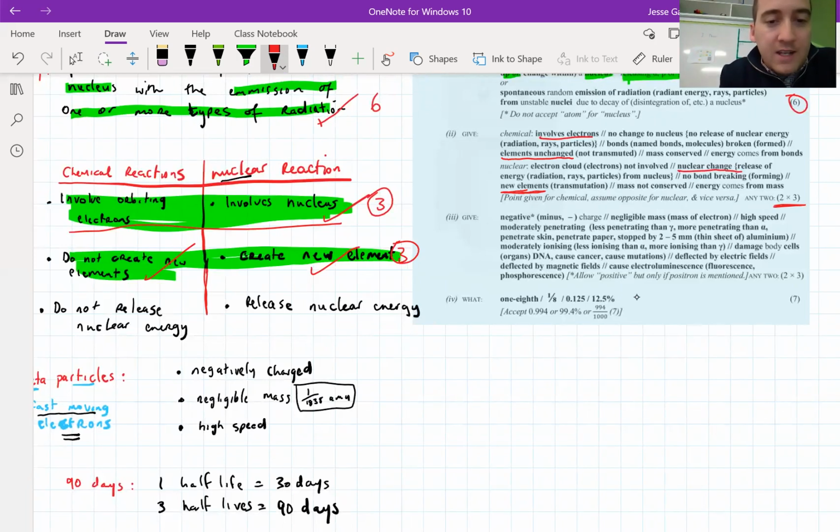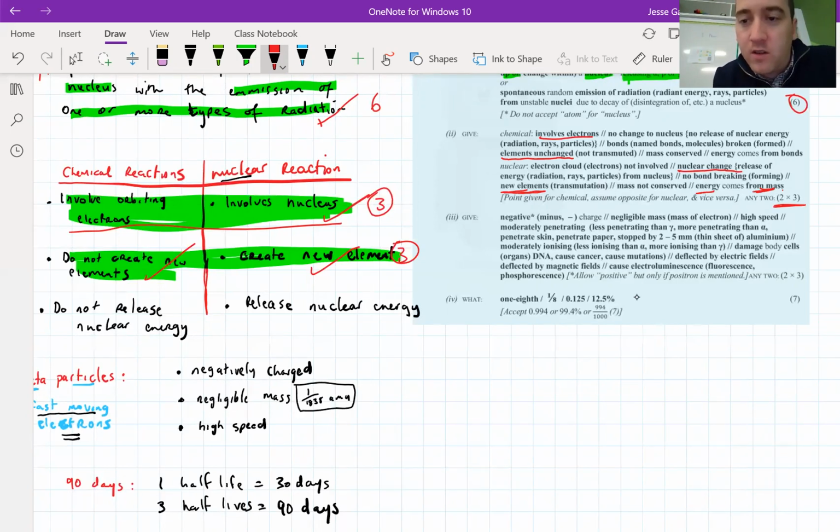And then the last one, we can only get 6 here. So we've already got 6, so we're not getting any marks for this, but would this have been right? Nuclear reactions release nuclear energy. Doesn't actually say nuclear energy. It just says energy. But energy comes from mass, I think you would get that in the exam.